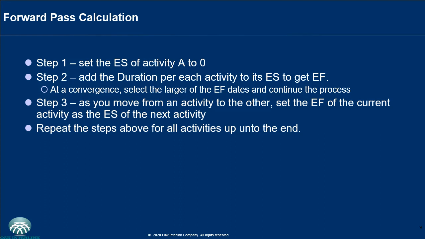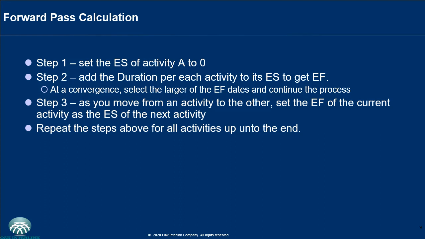And you do that from left to right up until the end of all of the activities. This I'll show you when we look through the exercises. Furthermore, in step 2, at a convergence, we'll see examples of convergences when we do the exercises, you select the larger of the early finish dates and continue the process.